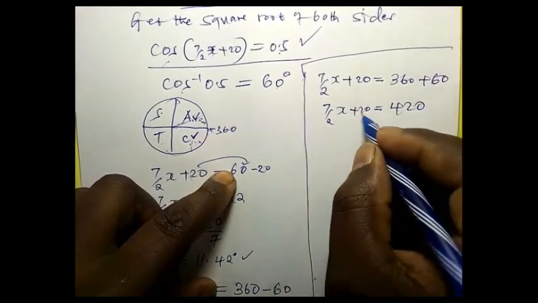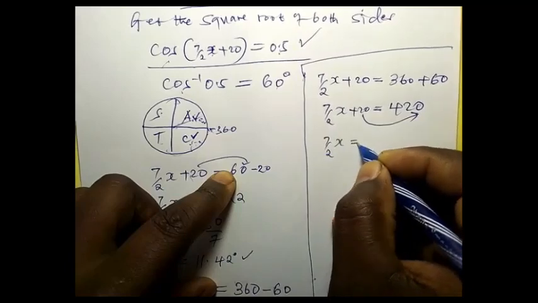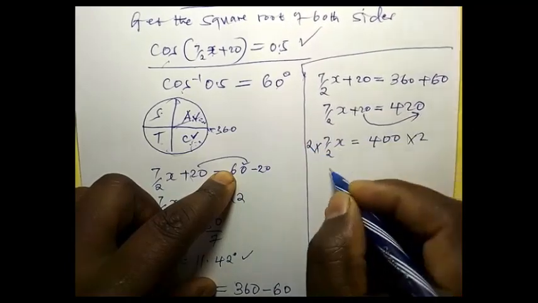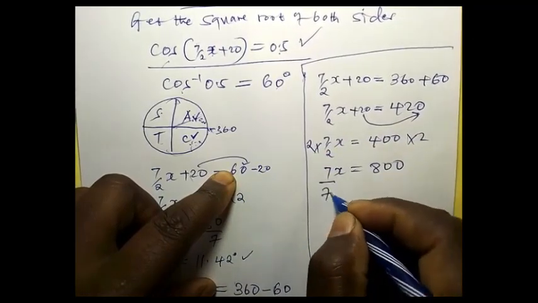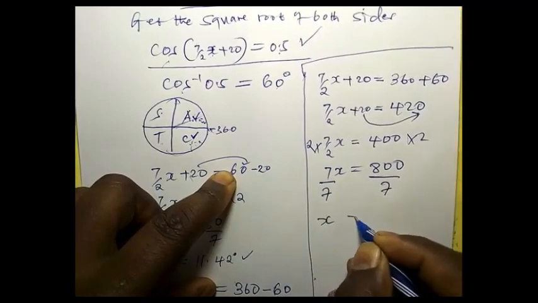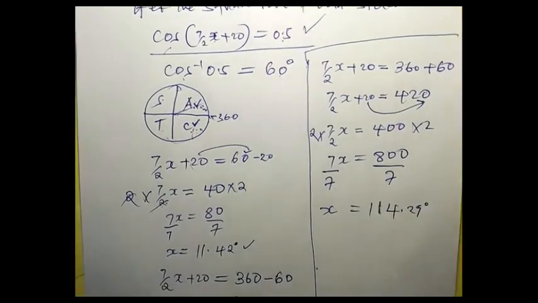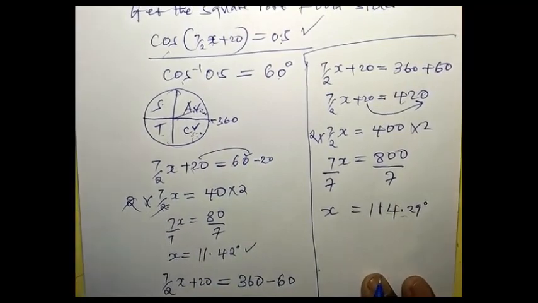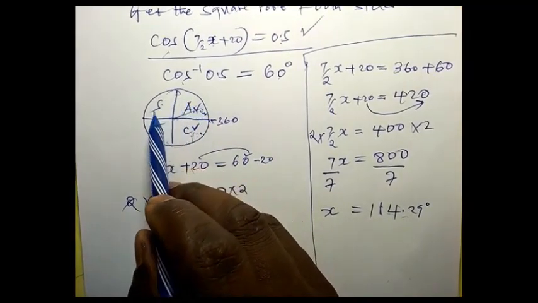Like terms together, 7/2 x equals 400. Times 2 on both sides, 7x equals 800. Divide both sides by 7, so x will be equal to 114.29 degrees.